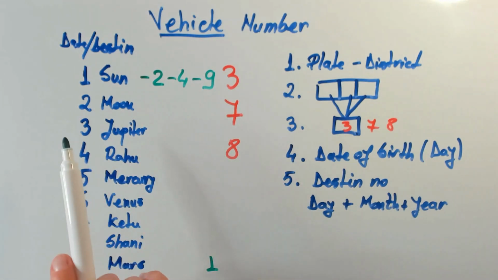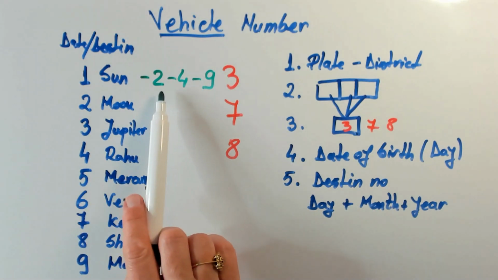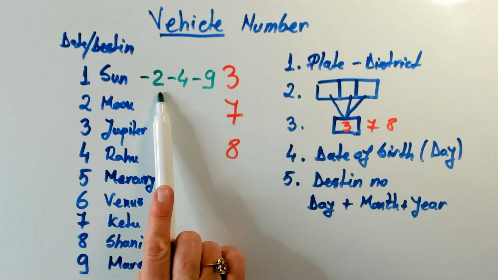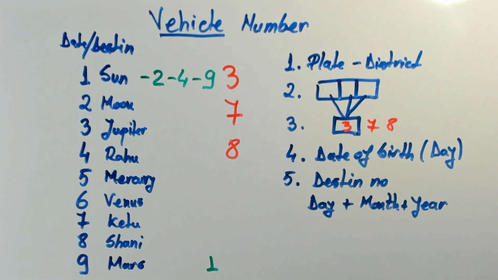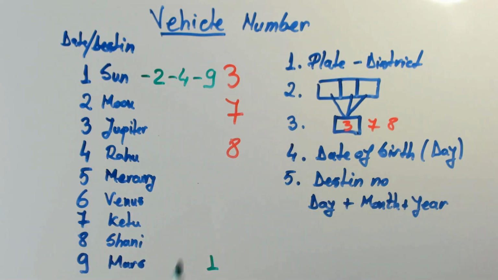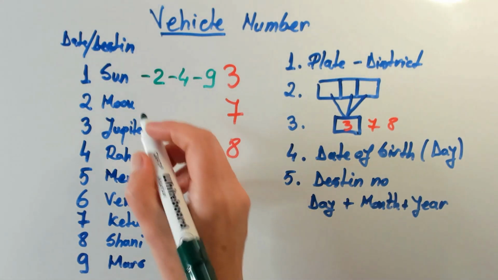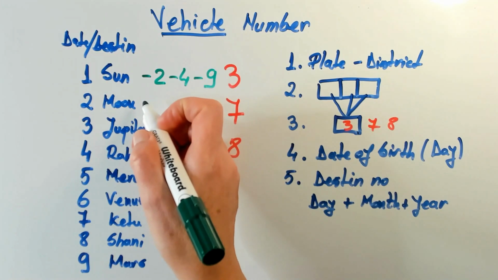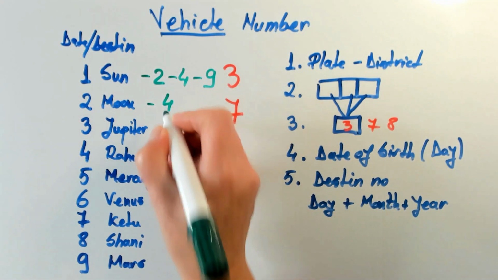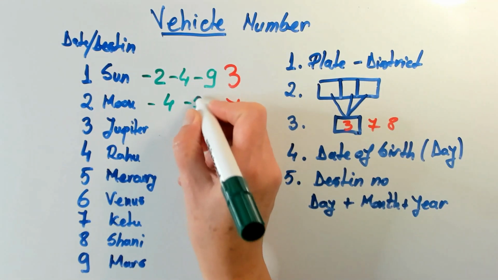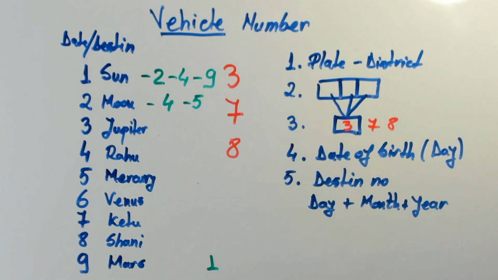So if you correlate this number 2 on the vehicle, 100% it will show that it will travel a lot. Before we go to number 3: number 2, the moon, is compatible with 4 and 5 plate numbers.